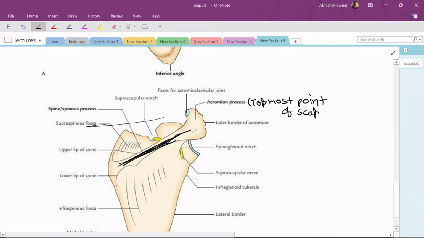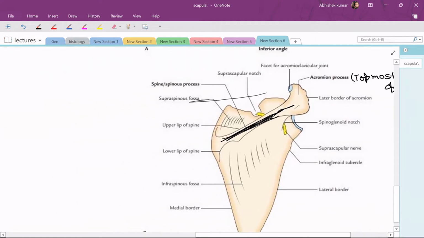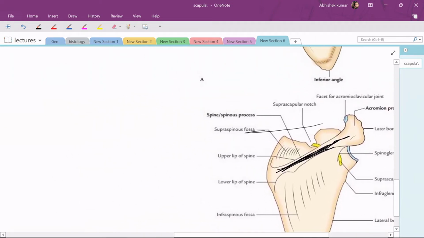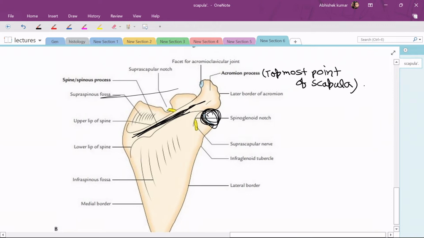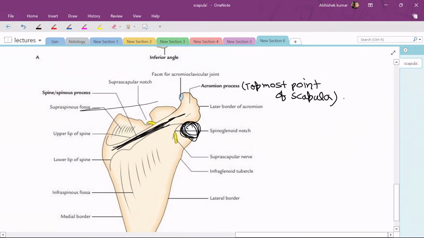So when you hold the scapula in your hand, you should consider that the acromion process tip should be at the topmost point of the bone. Now this is your glenoid cavity, of course. We have talked about coracoid process, spinous process.